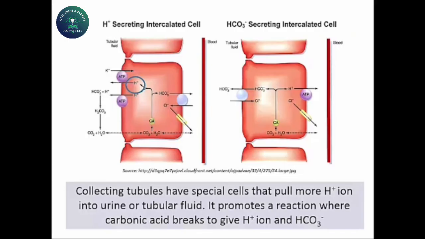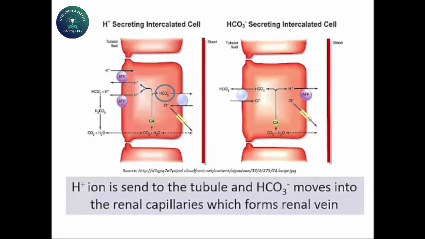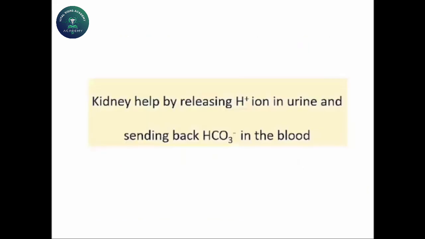It can have a reaction where carbonic acid breaks to give hydrogen ions and bicarbonate. Hydrogen ion is sent to the tubule and bicarbonate moves into the renal capillaries, which form the renal vein eventually. So the kidney helps by releasing hydrogen ions in urine and sending back bicarbonate in the blood.